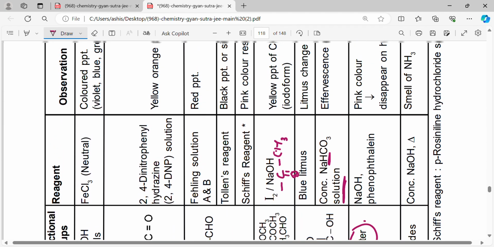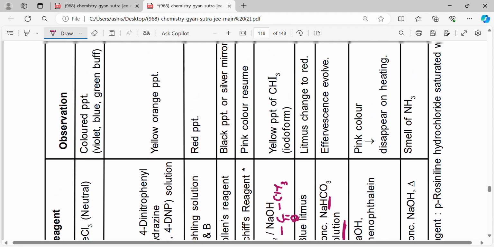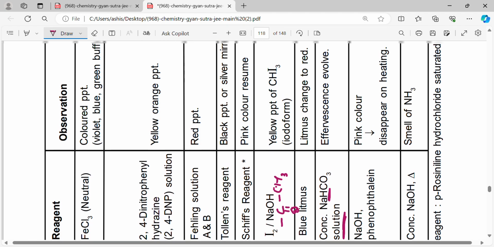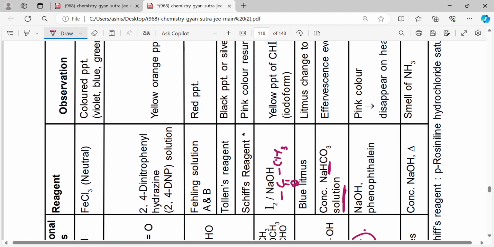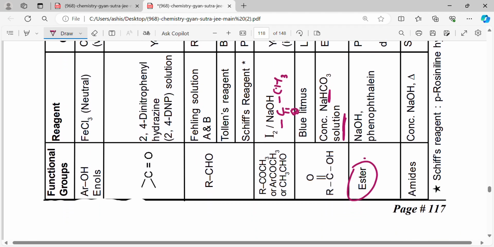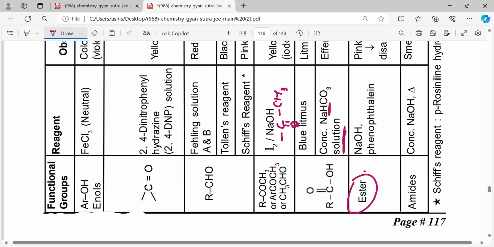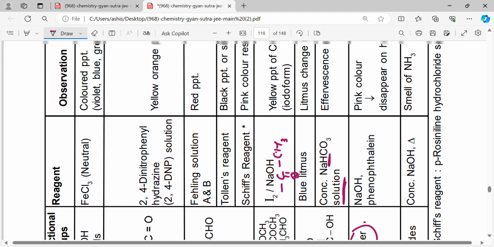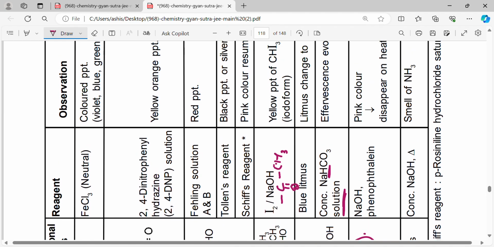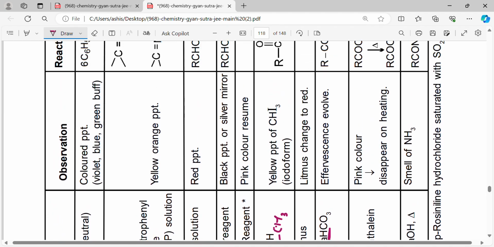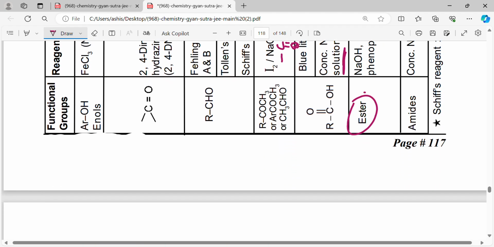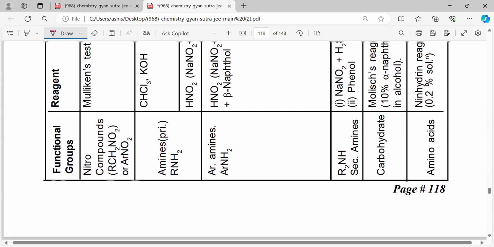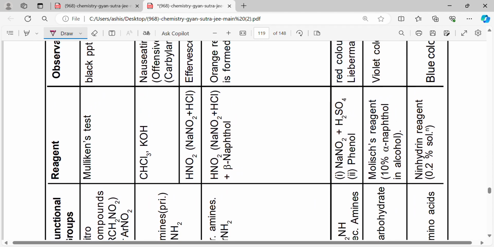With NaOH. Yes, we can identify ester with NaOH. Then phenolphthalein: we get a pink color which will disappear on heating with ester. And amide, if we heat the amide with concentrated NaOH, then ammonia will be released, and by the smell of ammonia we can identify amides.